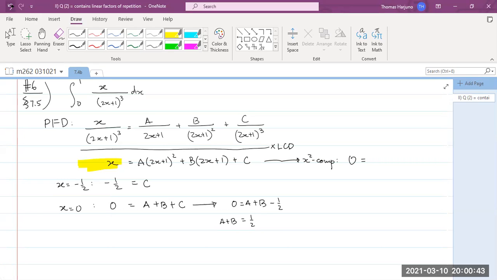On the right-hand side, what is the coefficient for x squared? You get x squared only from here, that's 4a x squared. So 0x squared equals 4a x squared, so 4a equals 0. Therefore, a equals 0. Aha! So b equals 1/2.